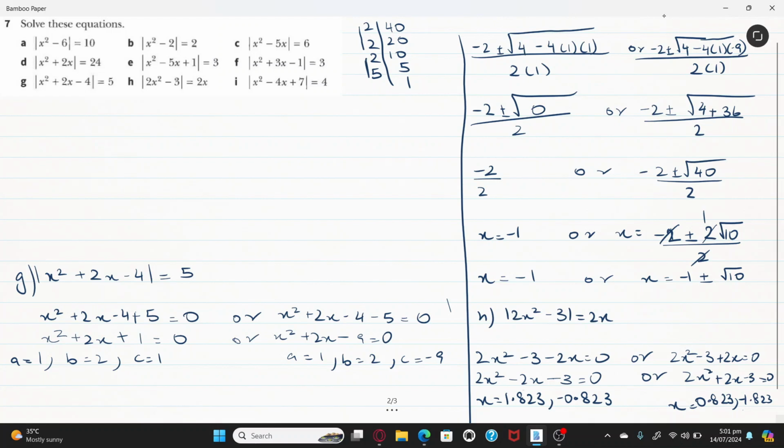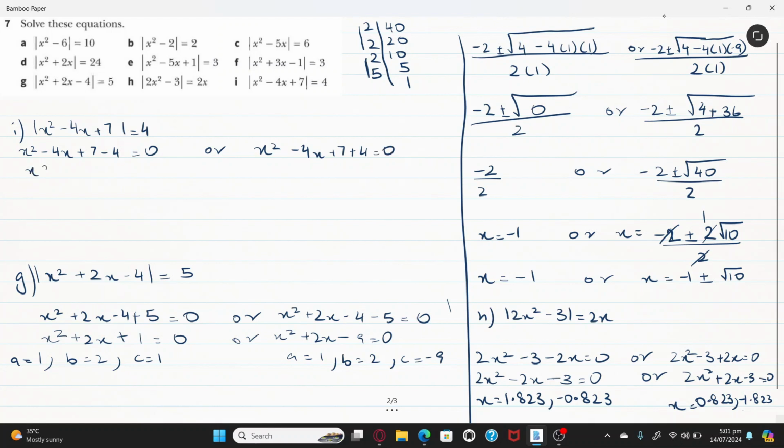Okay, for part I, I've erased some space here. And what we're going to do is open this up. x squared minus 4x plus 7 is equal to 4. We're going to expand this up. We're going to get x squared minus 4x plus 7 minus 4 is equal to 0, or I've switched the side directly, so x squared minus 4x plus 7 plus 4 is equal to 0.